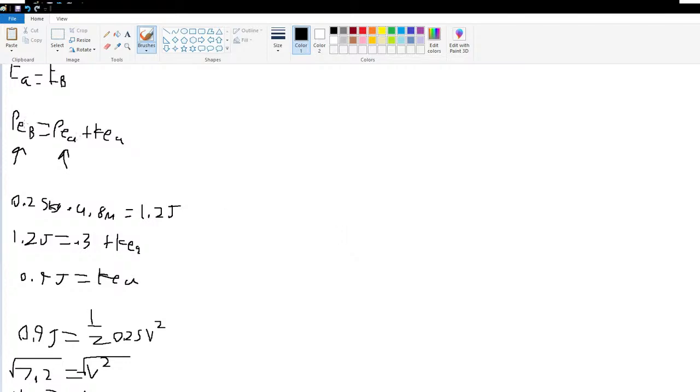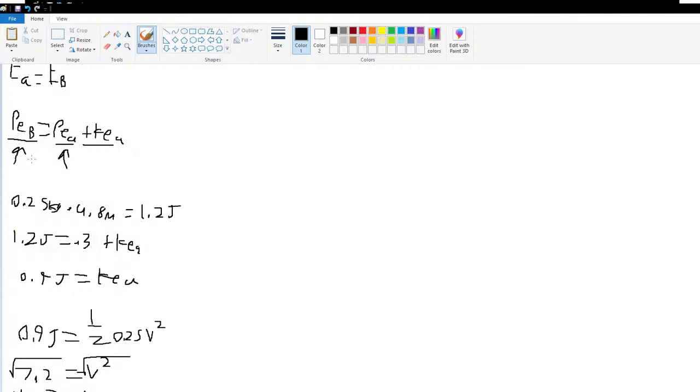I had gravitational potential energy is equal to potential plus kinetic. Maybe did you use the right heights? I think so. Oh my, yeah. I forgot G. Okay, so what I did was 0.25 times 4.8.